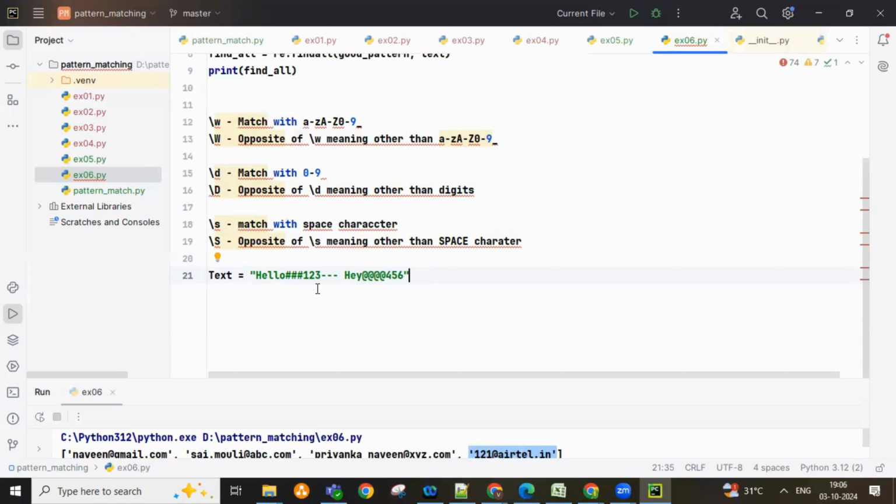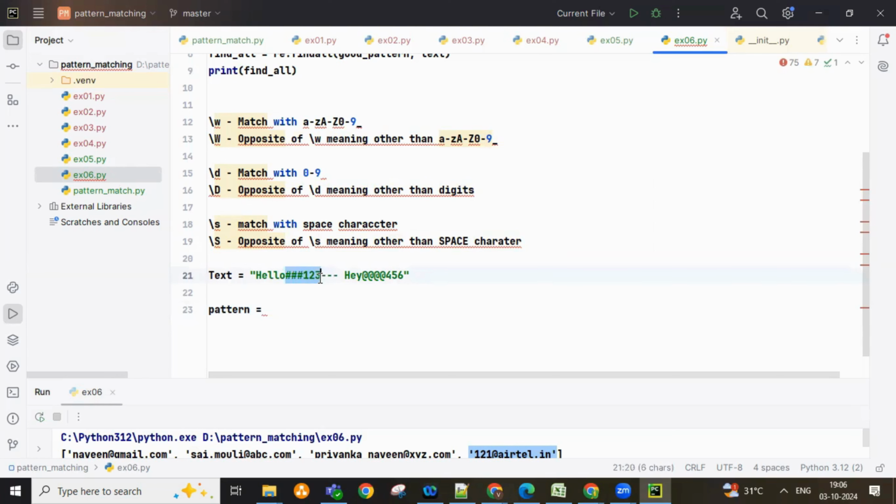See, first thing, what did you notice here? So in order to write a pattern, what is the common thing in both? Here, I want to match with only this.